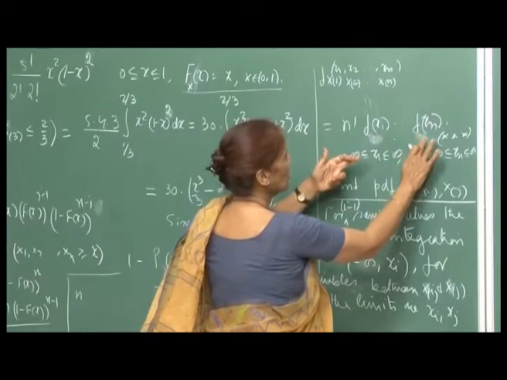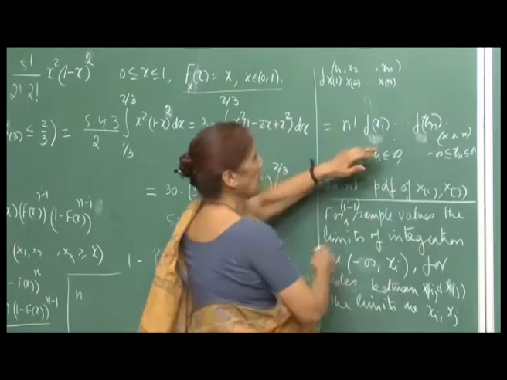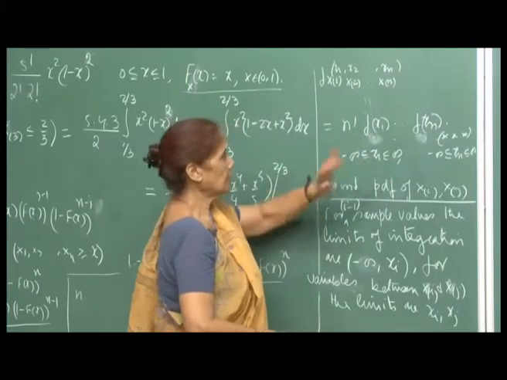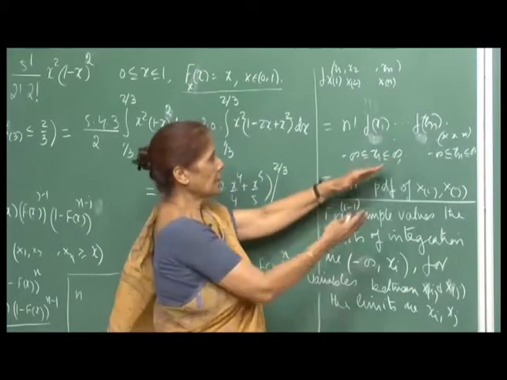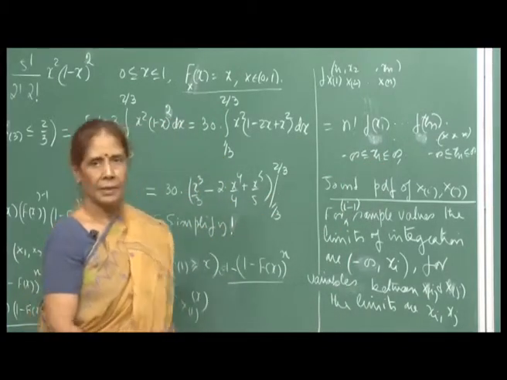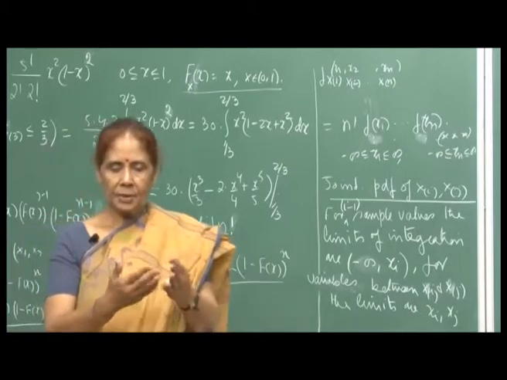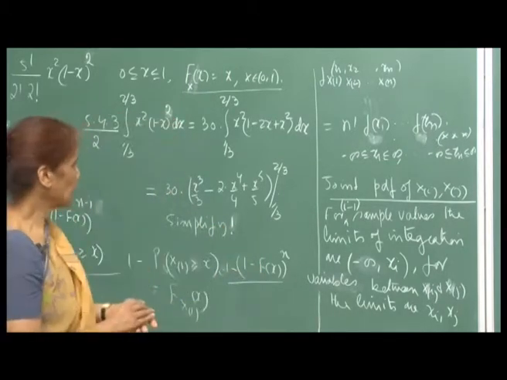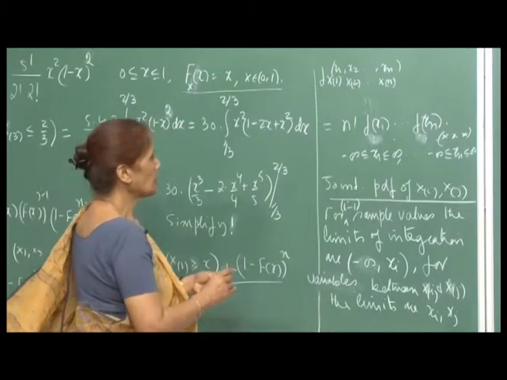So, this will be n factorial into f x 1 into f x n, where x 1, x 2, x n are varying from minus infinity to infinity, right. Because after all, the order statistic is only one of the arrangements, and there are n factorial possible arrangements of the n sample values.